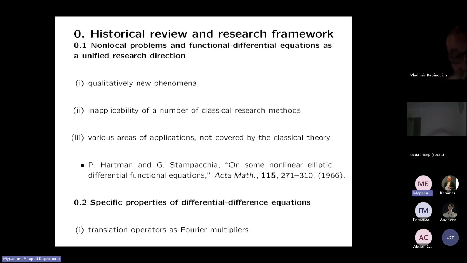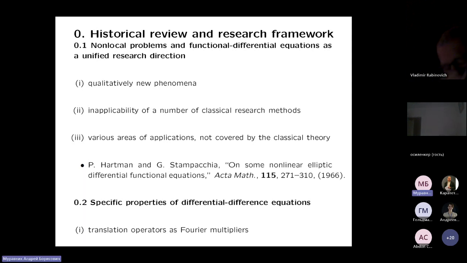I must mention the pioneering paper in this area. Definitely, the roots of each more or less broad or general theory are quite a questionable topic, and some researchers trace the roots of the theory of functional differential equations, for example, to Euler.